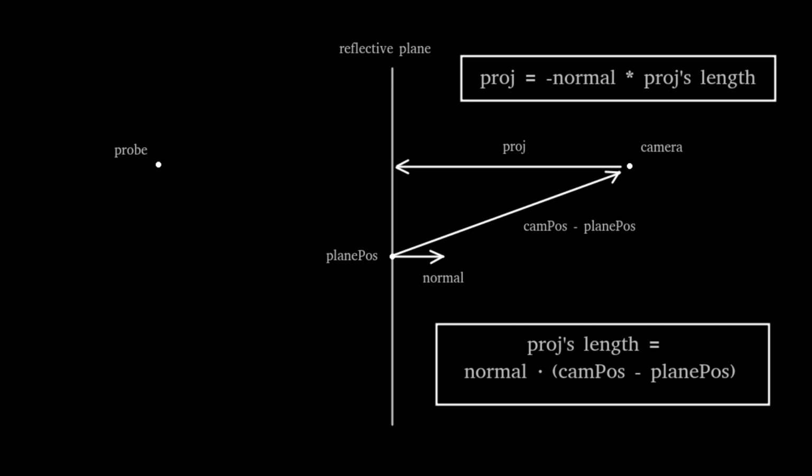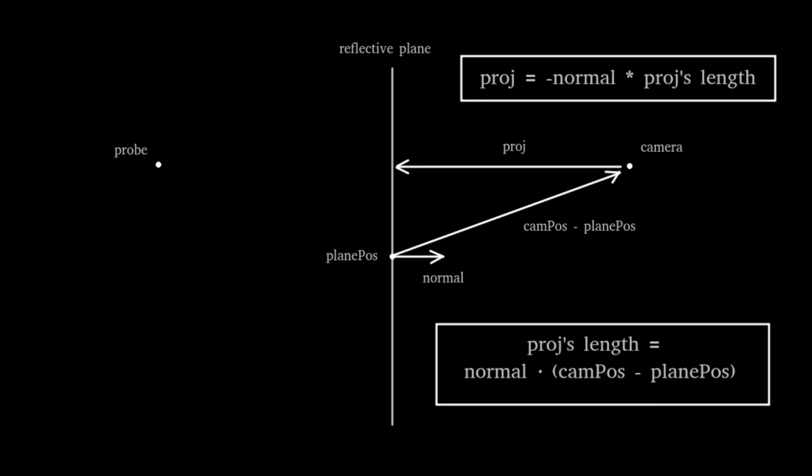So in order to get the projection vector, what we need is the direction of the vector in a unit length vector, and then we multiply it by its length that we already know.